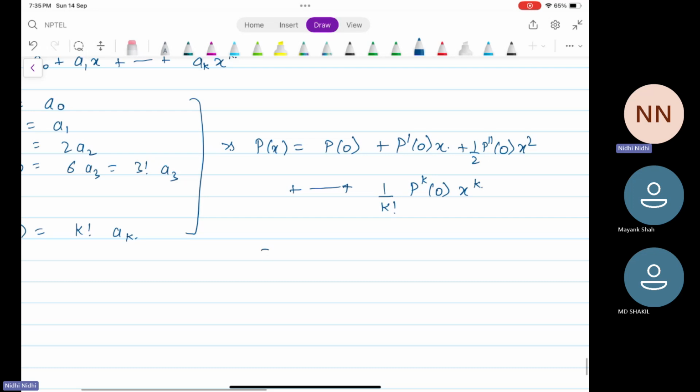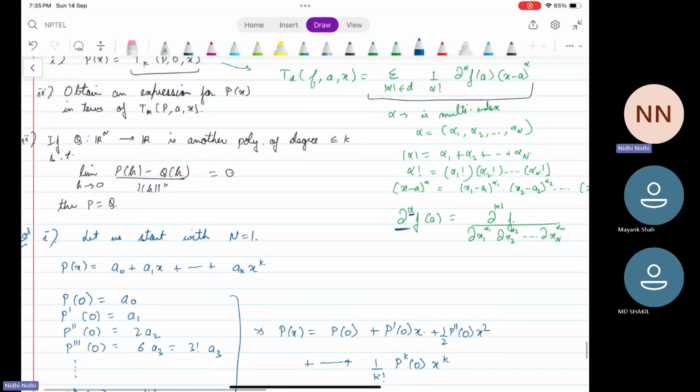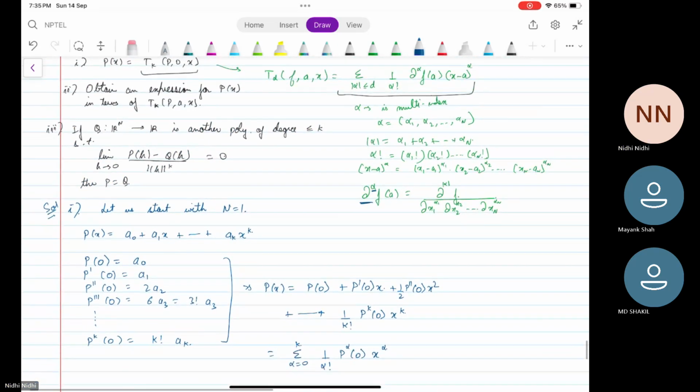So this is equal to the summation over alpha from 0 to k of 1 upon alpha factorial, the alphath derivative of p at 0, times x to the power alpha. So this is the one-dimensional version of the Taylor polynomial. I hope this one-dimensional version is clear.